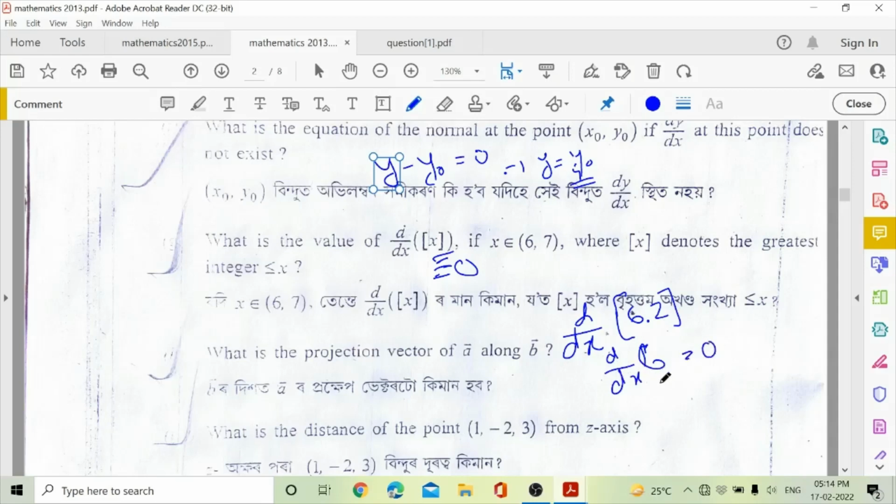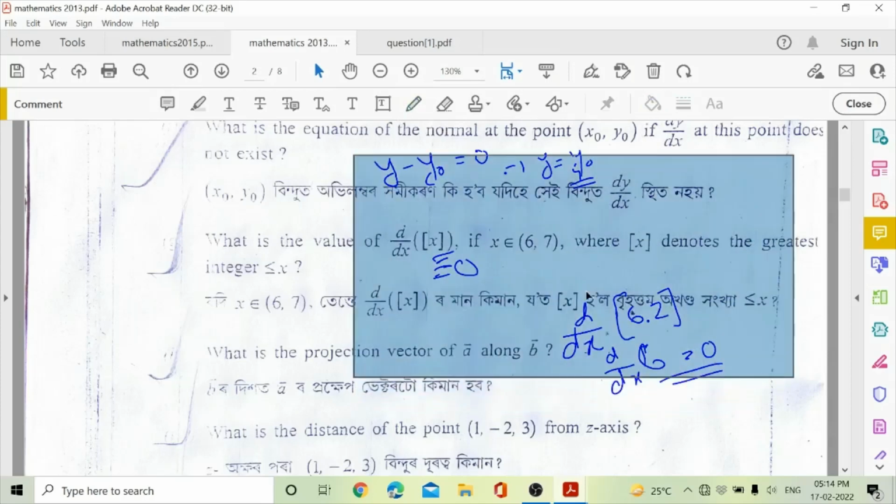It will become 0. But remember, at integral points, the derivative of greatest integer function does not exist. So here, what is the answer? Answer will become 0. That means the answer is 0 here.